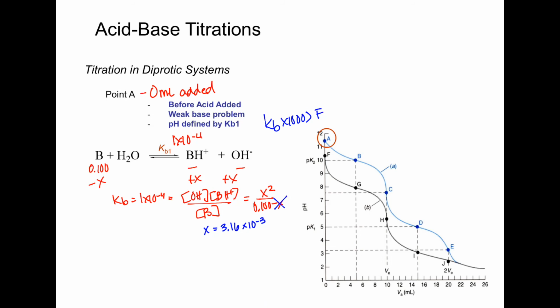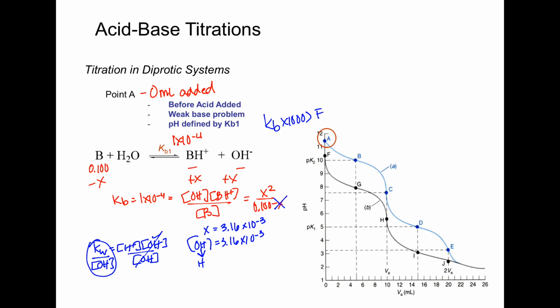Now remember, x is the hydroxide ion concentration, and what we're trying to find is the pH. So we can go from OH to H by using the Kw for water. We use this equation and rearrange: Kw divided by OH gives the hydrogen ion concentration.